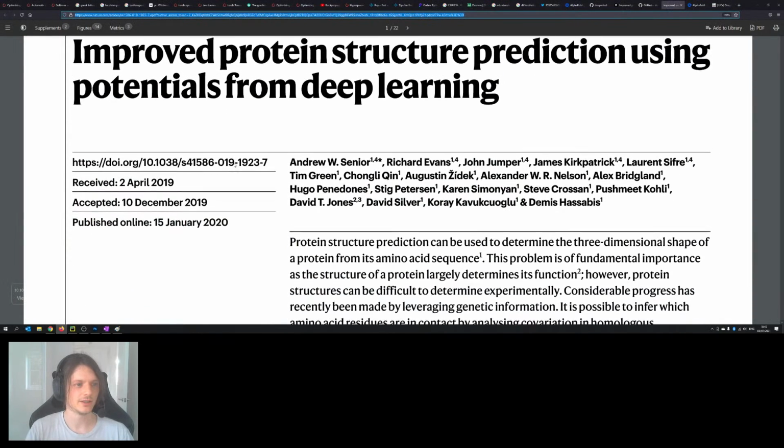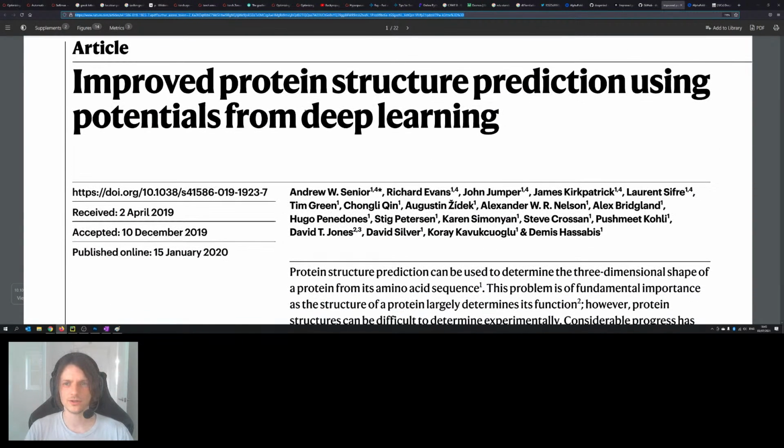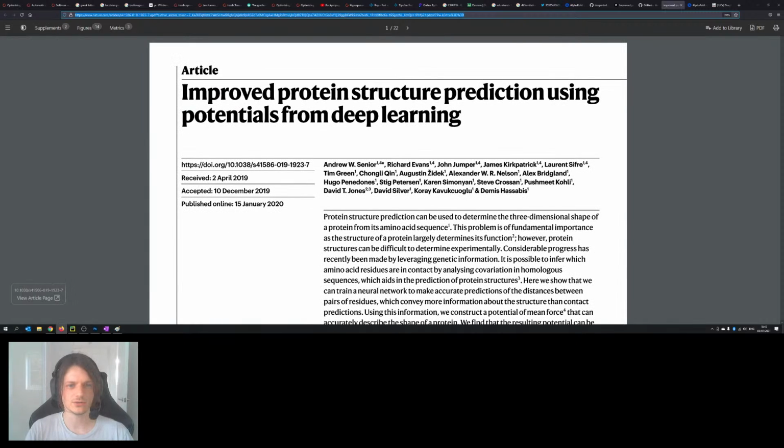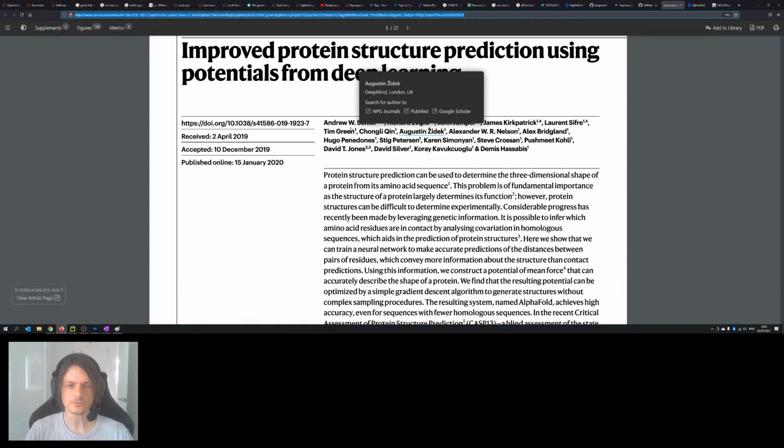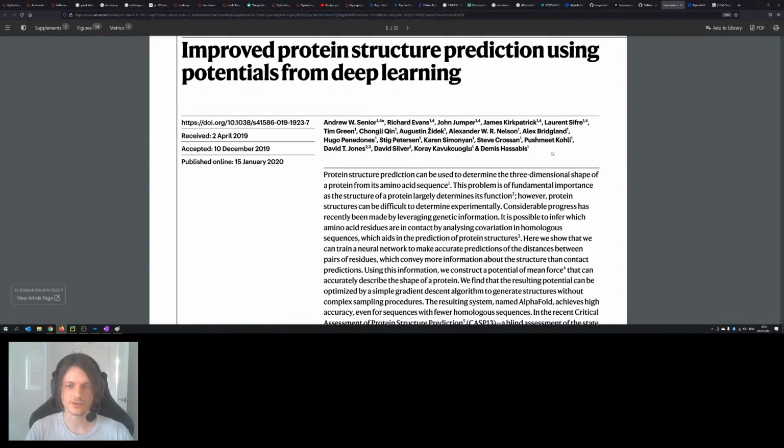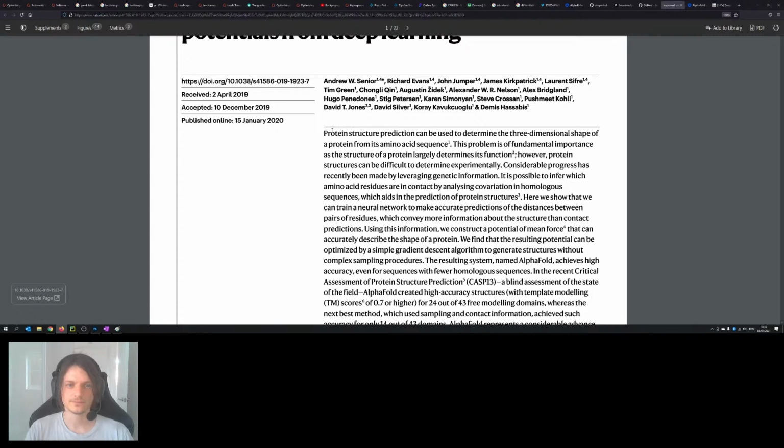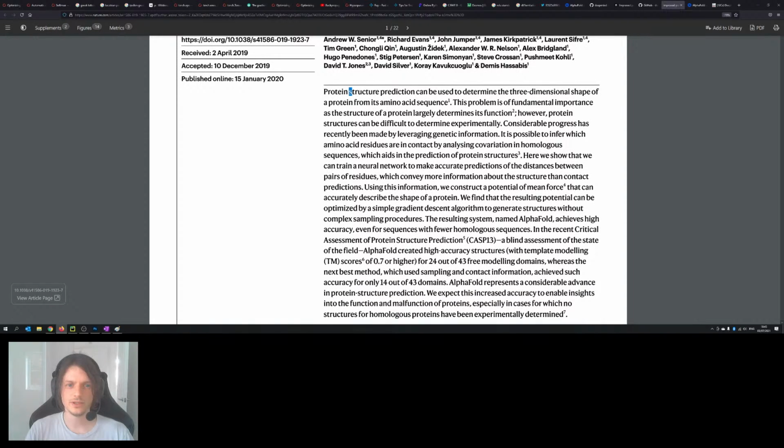Alright. Improved protein structure prediction using potentials from deep learning. Legends. Shout out to these guys. Protein structure prediction can be used to determine the three-dimensional shape of a protein from its amino acid sequence.